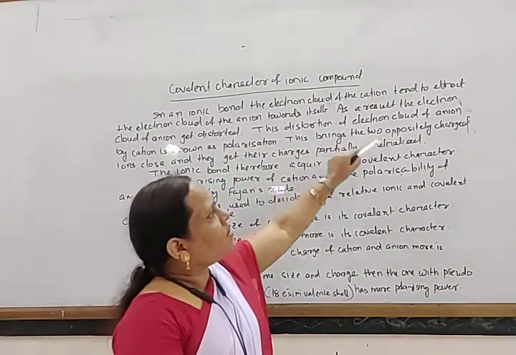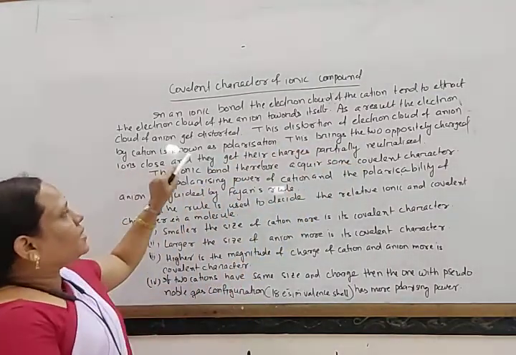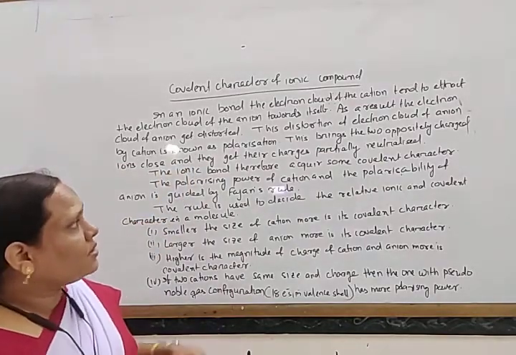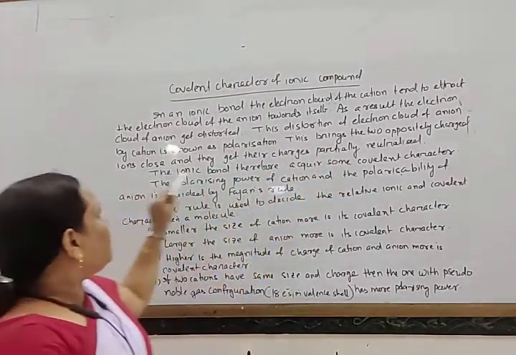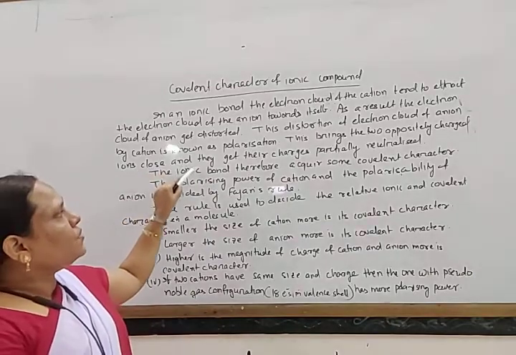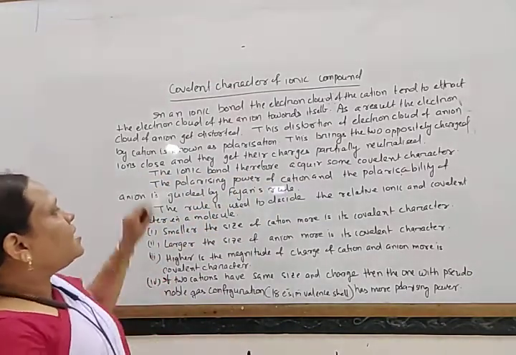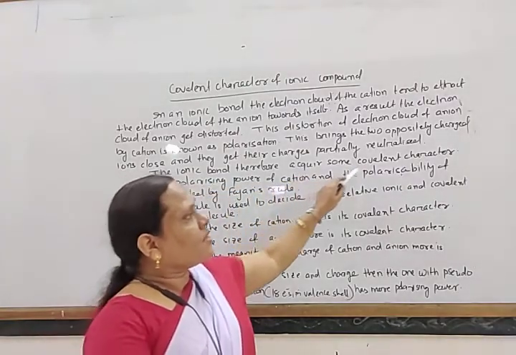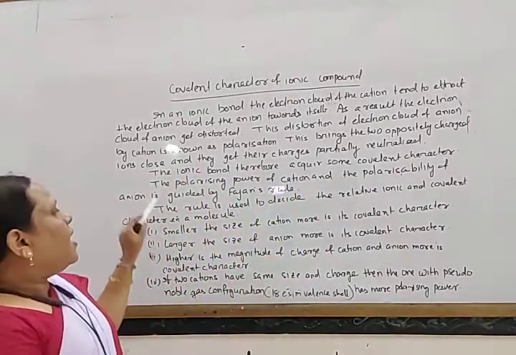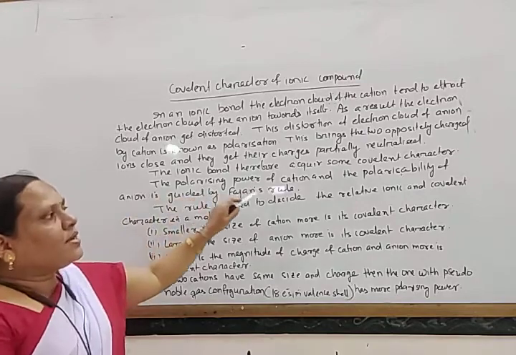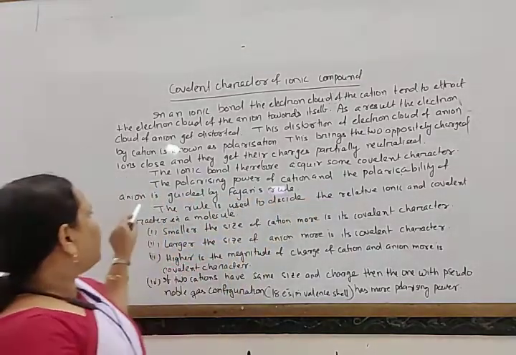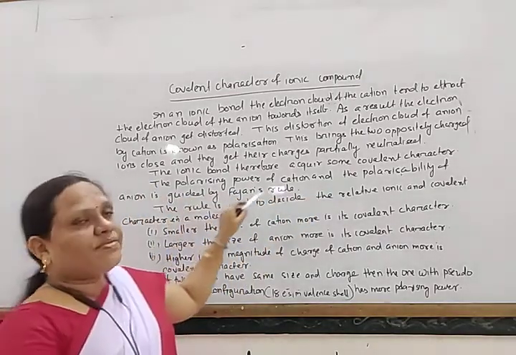This distortion of the electron cloud of the anion by the cation is known as polarization. This brings the two oppositely charged ions close and they get their charges partially neutralized. So the ionic bond therefore acquires some covalent character. The polarizing power of the cation and the polarizability of the anion is guided by Fajan's rule.